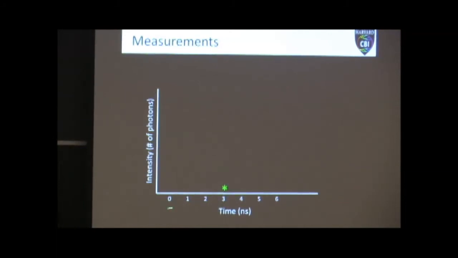Our detector says, I detected that photon 3 nanoseconds after that initial pulse, and we put a mark there. So this just becomes a histogram. We fire our second one. Oh, that one was 1 nanosecond. You can see we just do this over and over again, and what you'll essentially get is this curve. So we just have a histogram with an exponential decay.